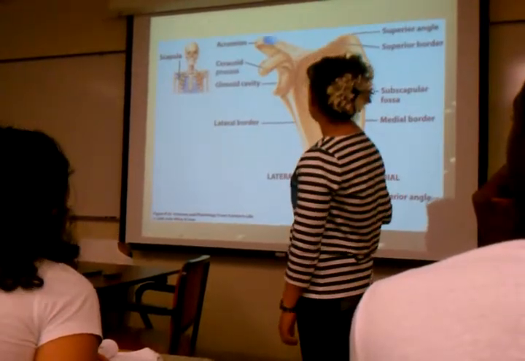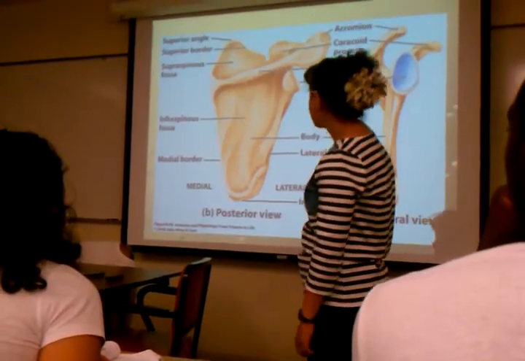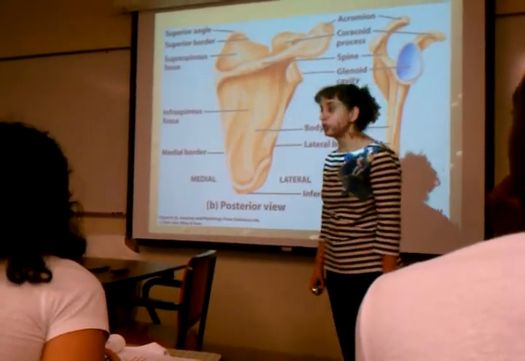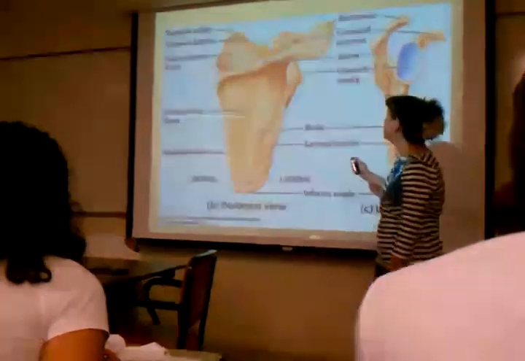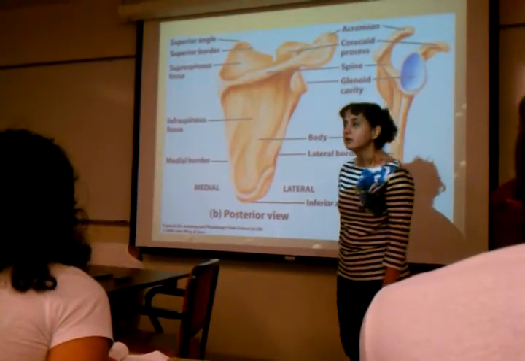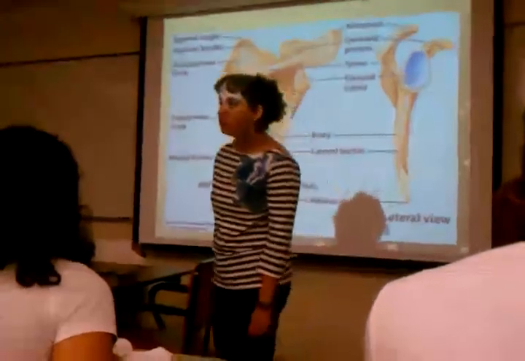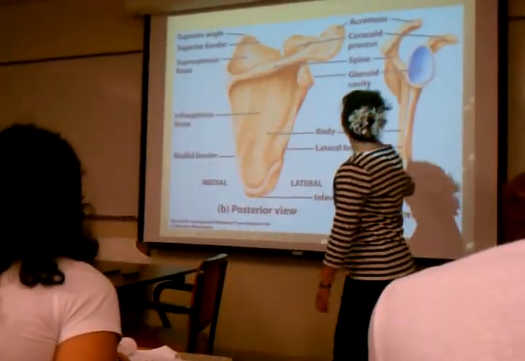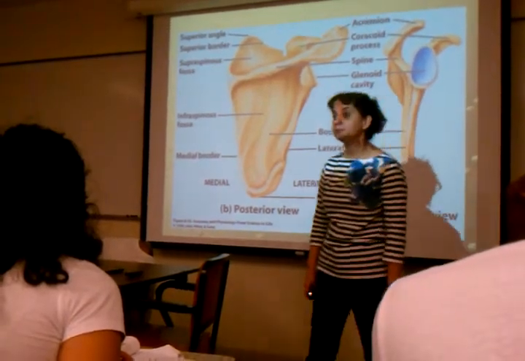So this is your scapula, right? What is this major part of the scapula? Body. The prominent ridge here at the posterior part is the spine. At the lateral part of the spine, this process is called the acromion. It connects to the clavicle, to the acromial end of the clavicle. This depression here is called the glenoid cavity.